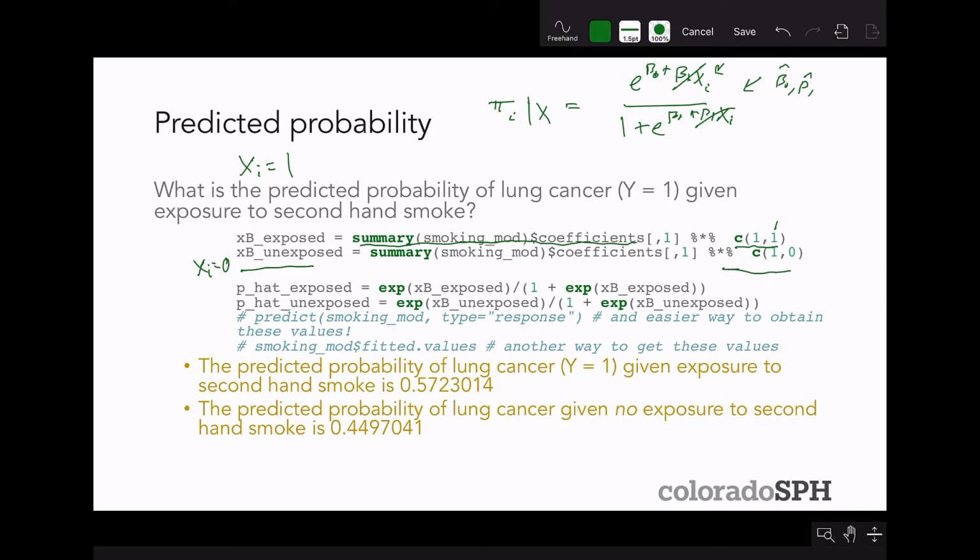It's saying, all right, now we want to take the two coefficients, beta 0 and beta 1, and we want beta 0 times 1 plus beta 1 times 0. Having that 0 here will cause that beta 1 term to drop out for the people who are not exposed. And so then you can, sort of by hand, calculate your predicted probabilities.